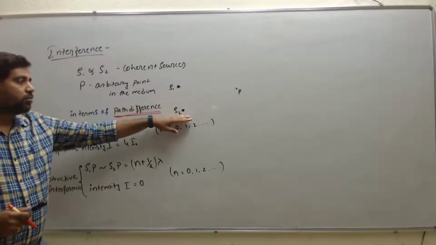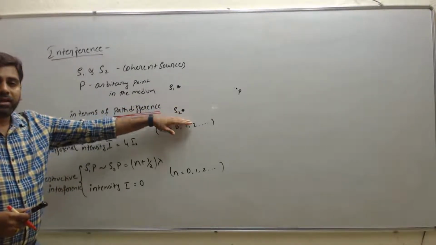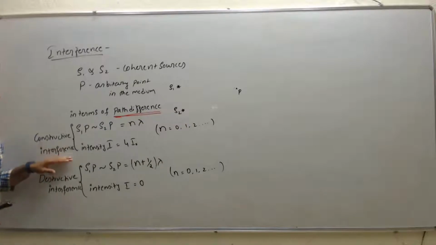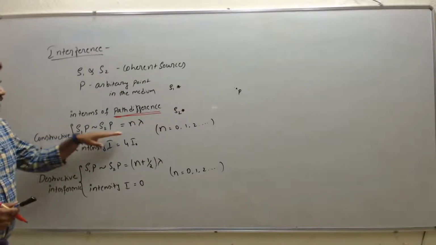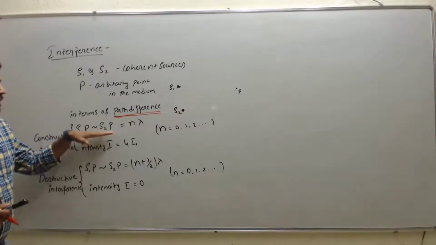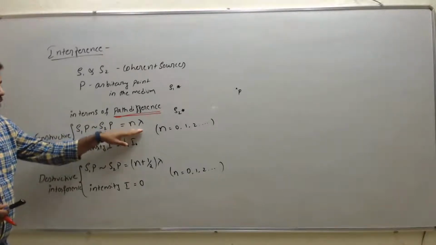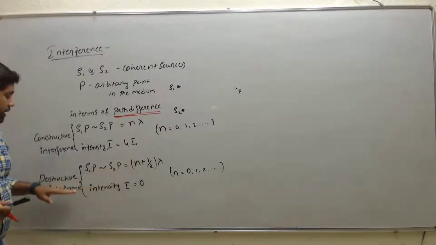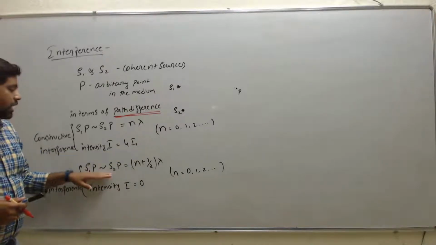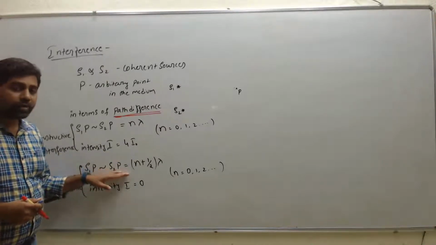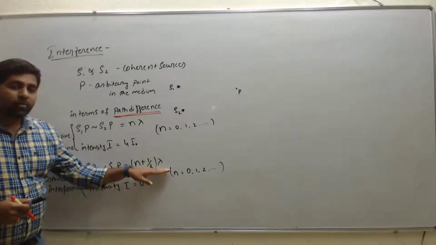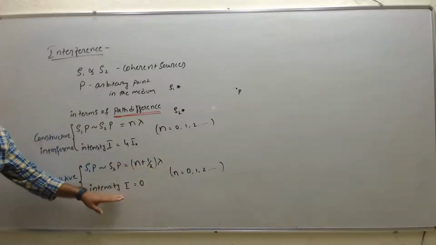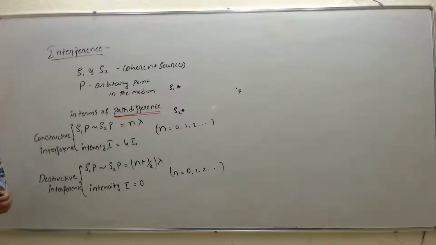For constructive interference, the condition is the path difference is n lambda and its intensity is maximum, that is 4 I naught. And in case of destructive interference, S1P difference of S2P is equal to n plus 1 by 2 into lambda, and here the intensity I is 0.